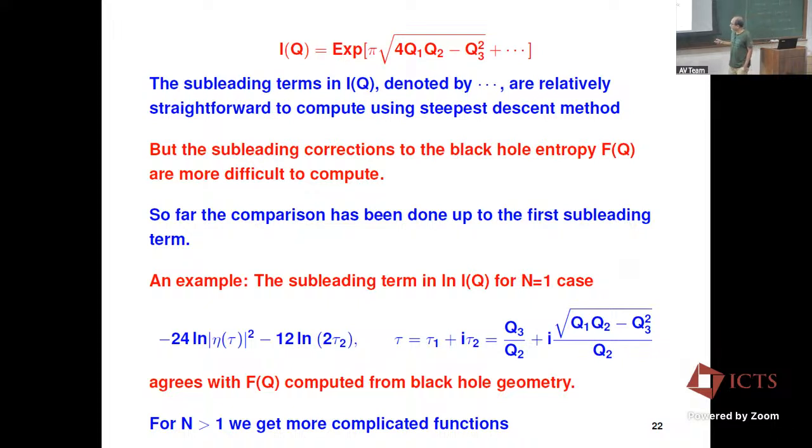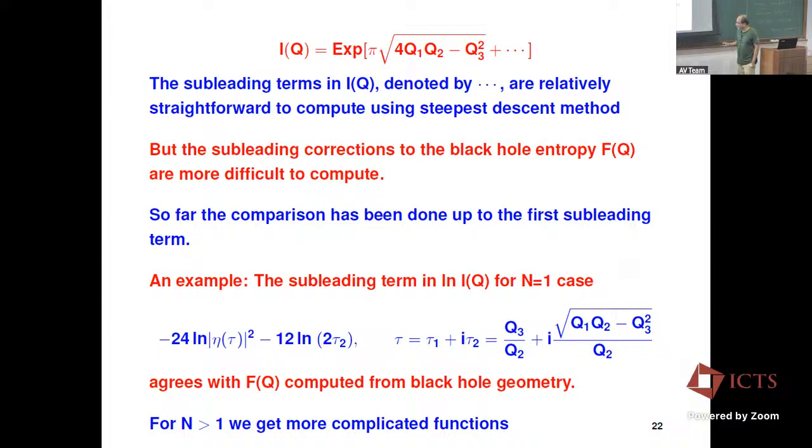The first subleading term in log I in the n equal to 1 case is given by this, where eta is the Dedekind eta function and tau is a combination of the charges. You can see that this is positive, so tau actually lies in the upper half plane, and the Dedekind eta function is well defined.